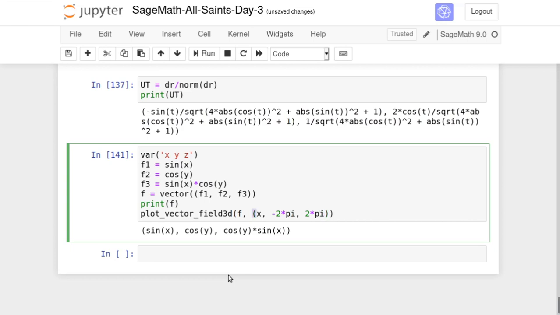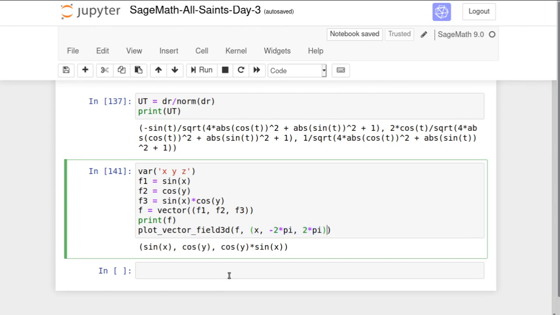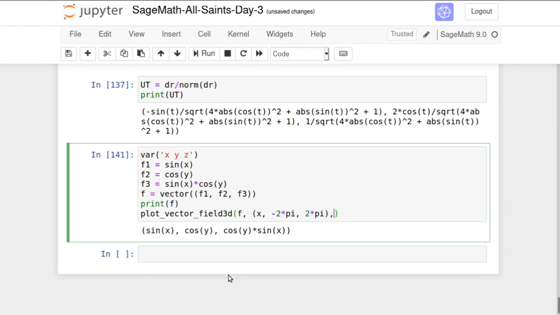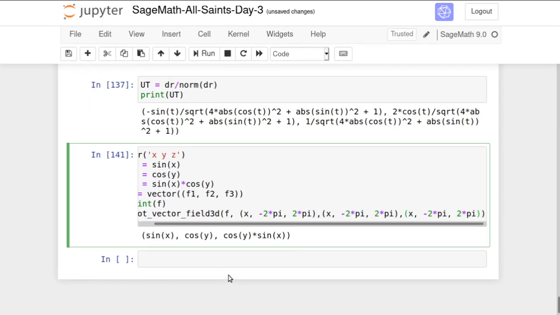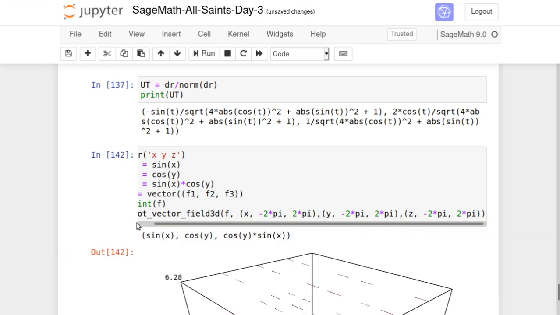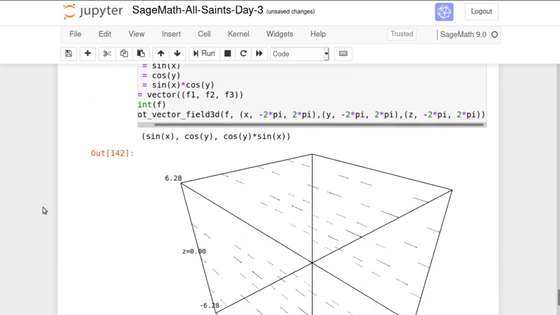Z also we can give the same range. Let's see the output. This range is for y, and this range is for z, and see the plot of this. And the plot comes something like this.